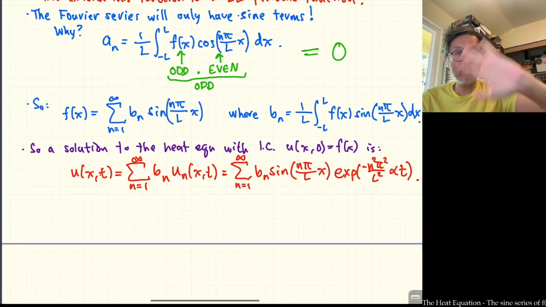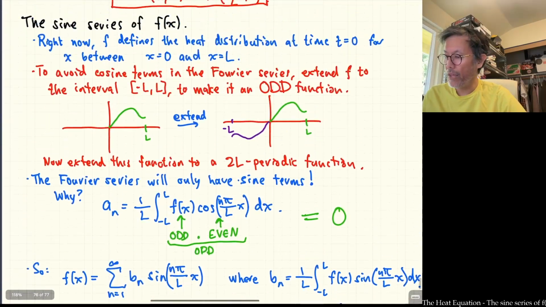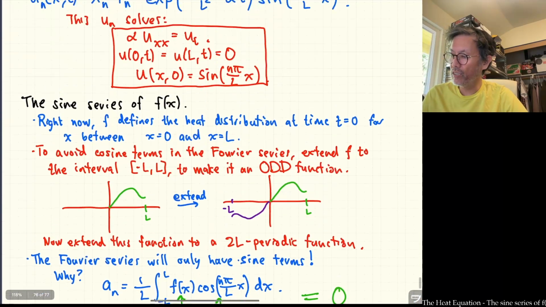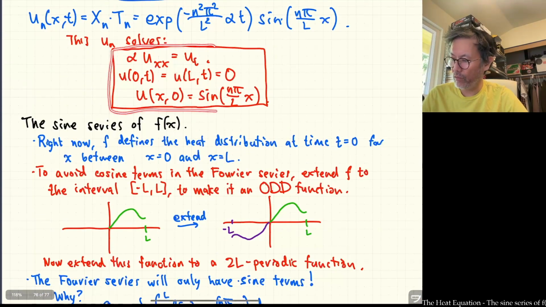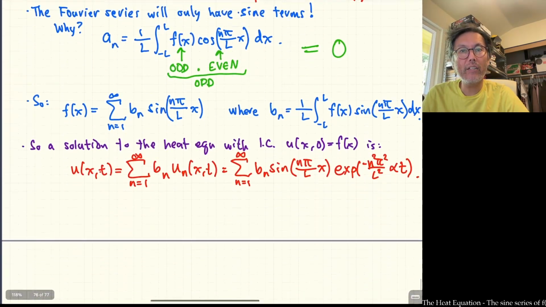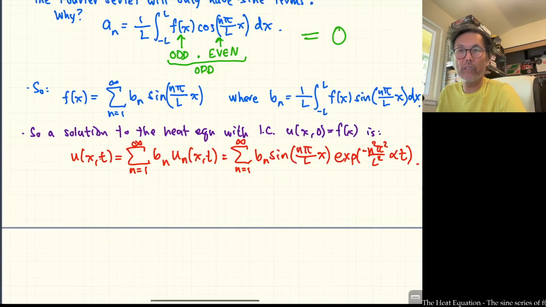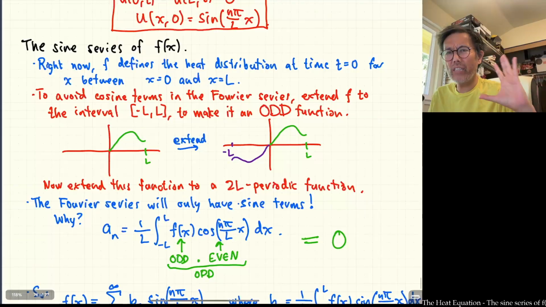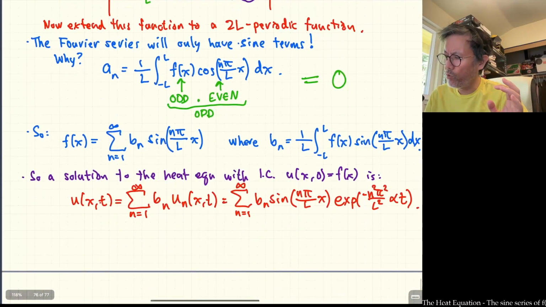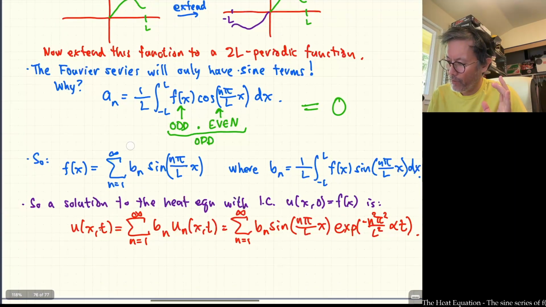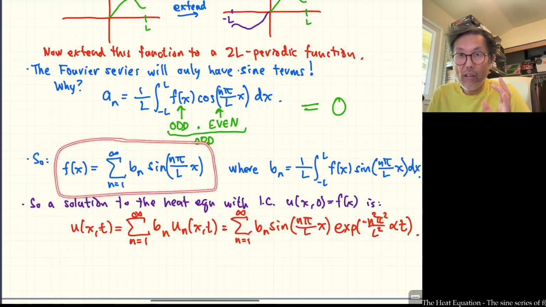So we learned a couple of things here. We learned that we can use the solutions that we found in the last video as building blocks. Okay? And once we have those building blocks, we can construct the solution to the heat equation for general initial conditions. And how do we take advantage of that? Well, we express f as an infinite sum of sines.